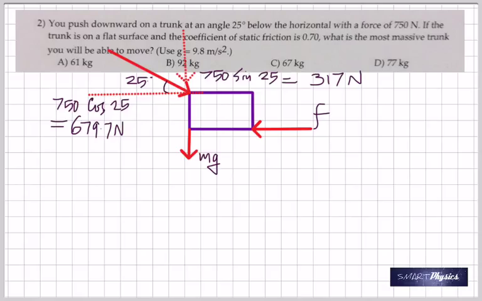But remember that when you take the components of 750 newtons, you get 679.9 along the x-axis because it is 750 cosine 25, and then you get the vertical as 750 sine 25, which is 317 newtons.